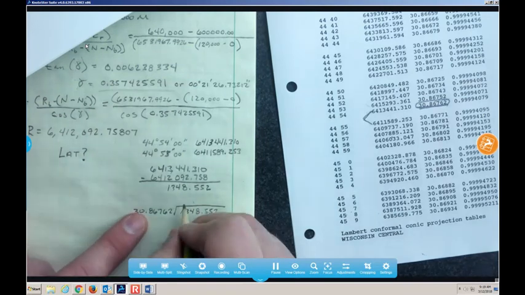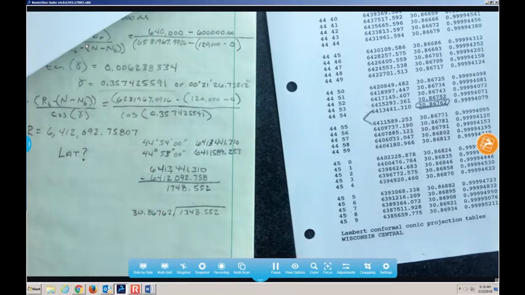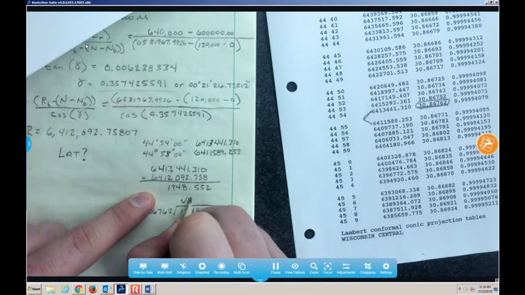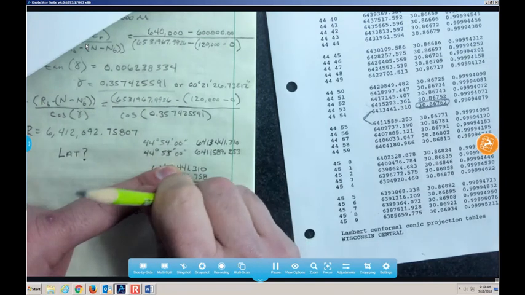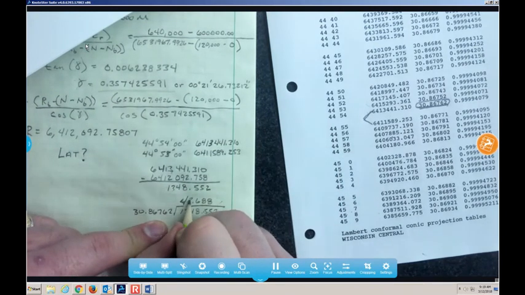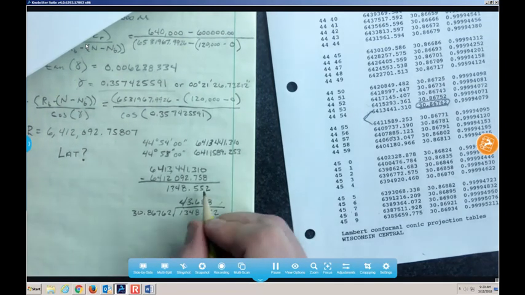So what is the number of seconds for this calculation? 43.688.